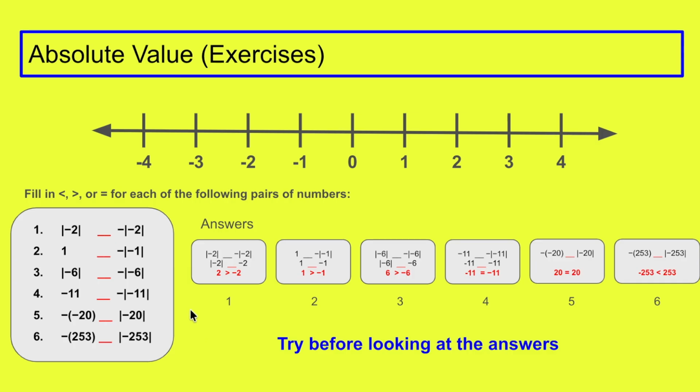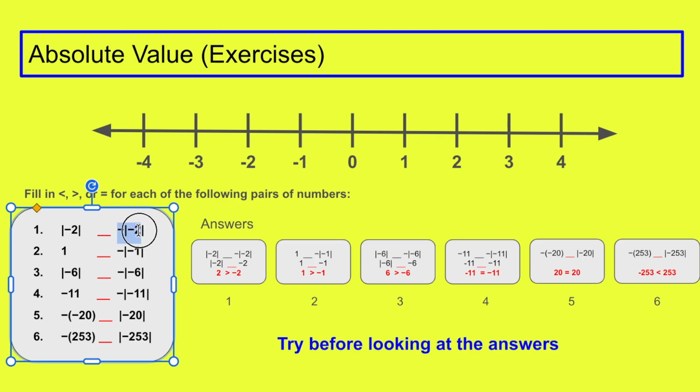These are exercises for you, but I'll still give a little walkthrough of what I am doing. I have given the answers also, but don't look at the answers and try to do them. See, the absolute value of negative 2 becomes 2. The negative of the absolute value of negative 2 becomes negative 2. The 1 stays the same, it's a constant. The negative of the absolute value of 1 becomes negative 1.